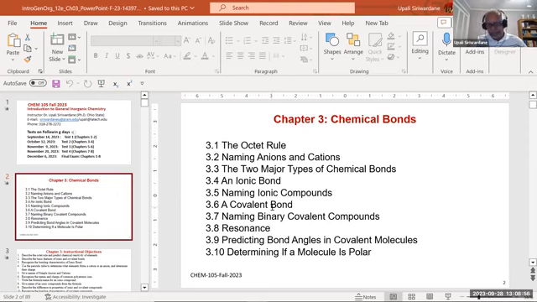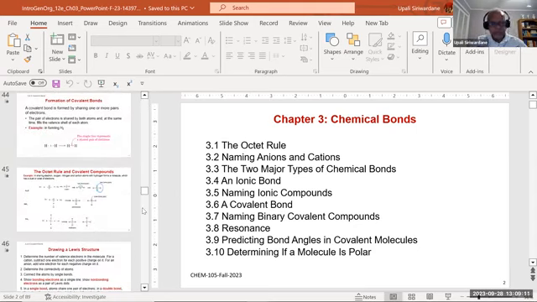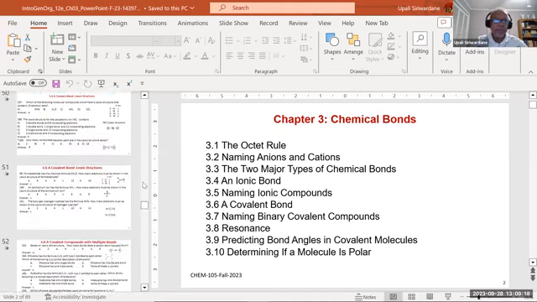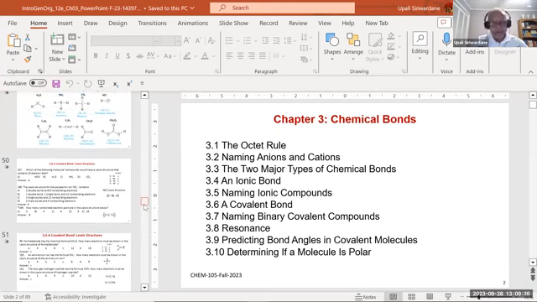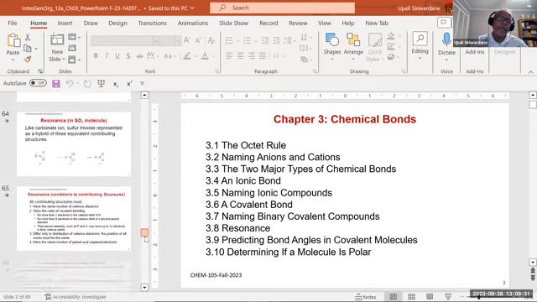So we went over valence shell electron pair repulsion theory. So let me briefly revise some of that. Let me go down to where we left off about the VSEPR theory.